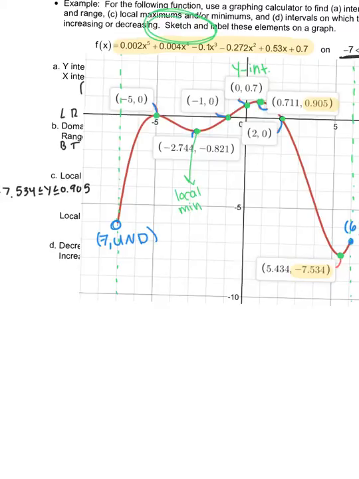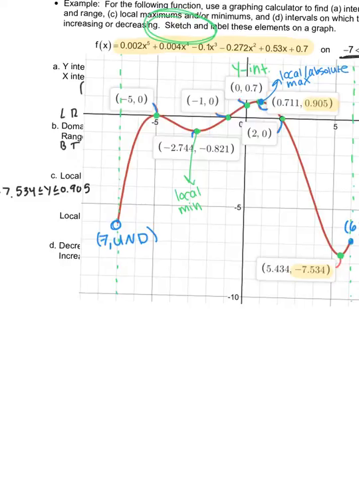Then I'm going to look for the next point that is not an x-intercept or a y-intercept that's the highest point. So up here, this point is a local max. It is also the highest point that I see in that interval. So we can also call this an absolute max.